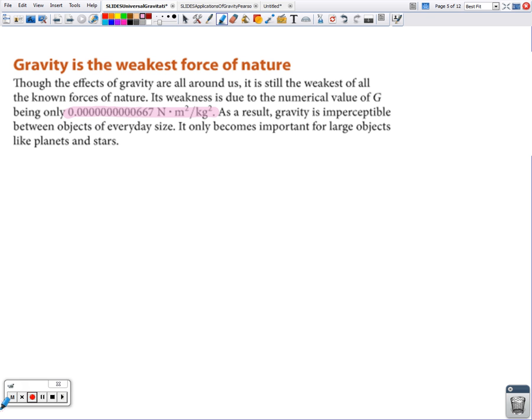It only becomes significant in the area surrounding very large objects, objects that have a lot of mass. We experience gravity as a significant effect on our lives only because we're very close to a significant mass, the Earth. Other kinds of forces are much stronger than gravity itself.